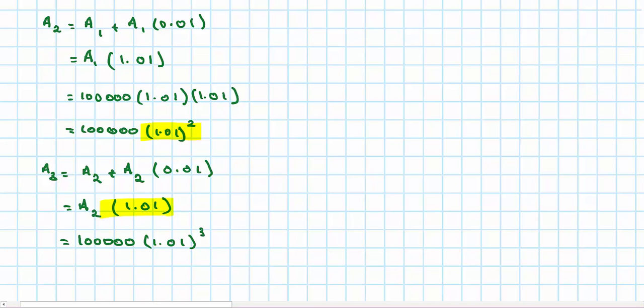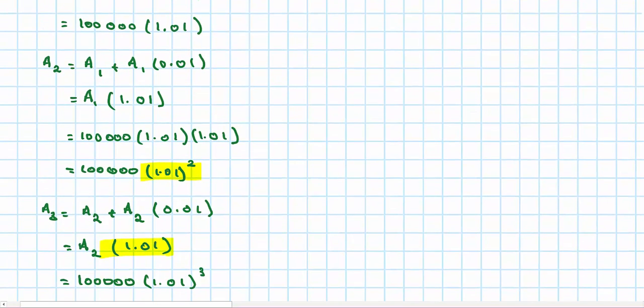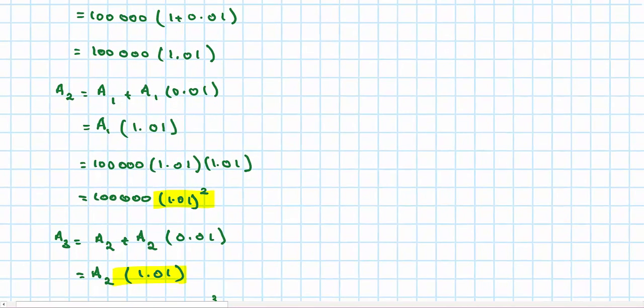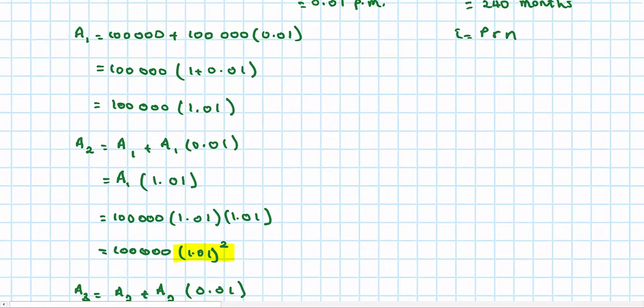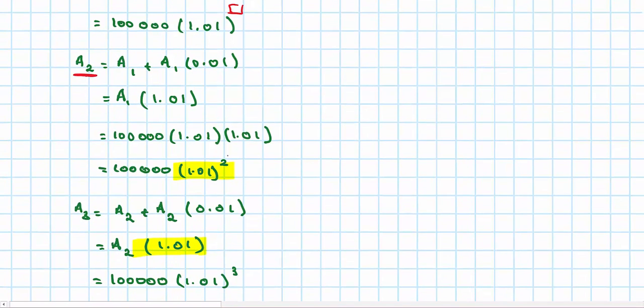Now, I said before we need 3 terms to establish a pattern for our series problems. So I have my first term A1, and I ended up with 1.01 to the power of 1. When I went to work at A2, I ended up with 1.01 squared. Here's A3, and I ended up with 1.01 to the power of 3.